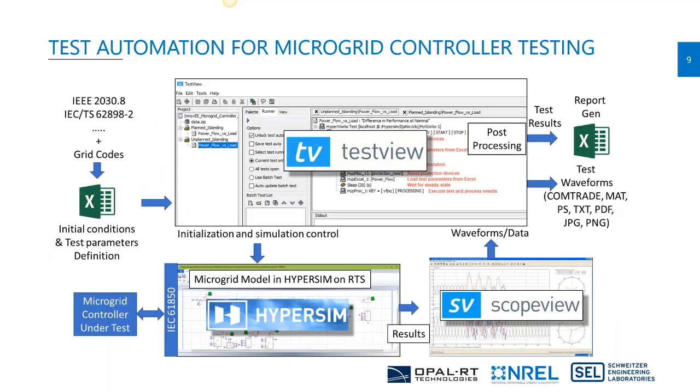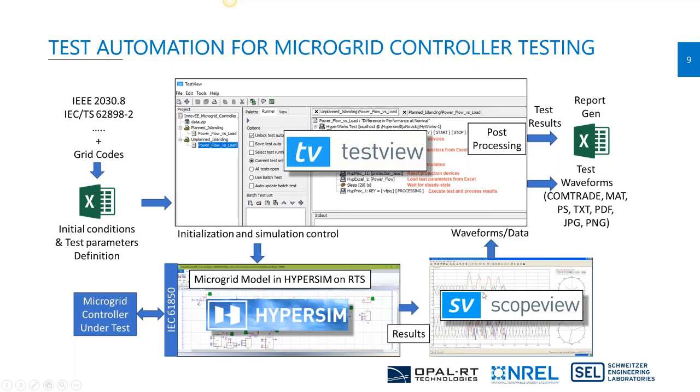The HyperSim suite also offers you test automation, where you can get your parameters and test scenarios from the standards that define testing of microgrid control systems. You can provide them in an Excel file. TestView automatically reads them from an Excel file and then runs the simulation in HyperSim.